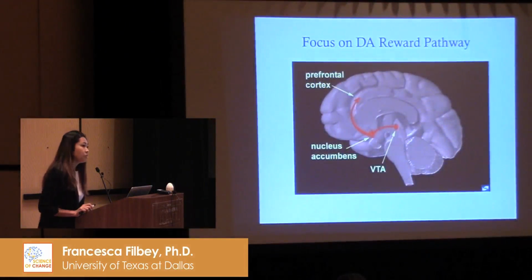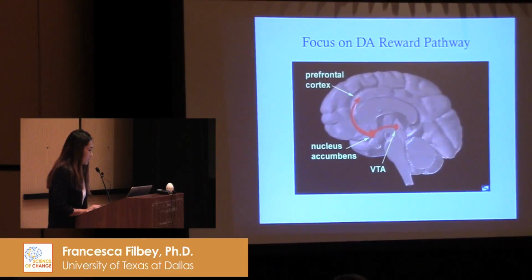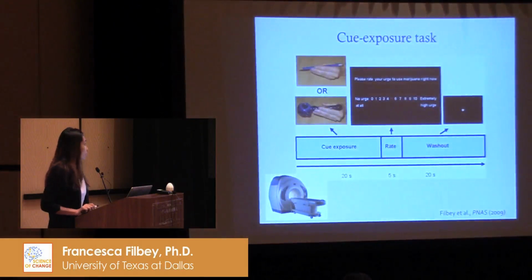So the orbitofrontal cortex is one of the key regions in the dopaminergic reward pathway. And so functionally, we were interested in determining how this reward pathway of marijuana users might be altered compared to controls. And so to really examine that, we wanted to look at reward processing using a cue-elicited craving task.